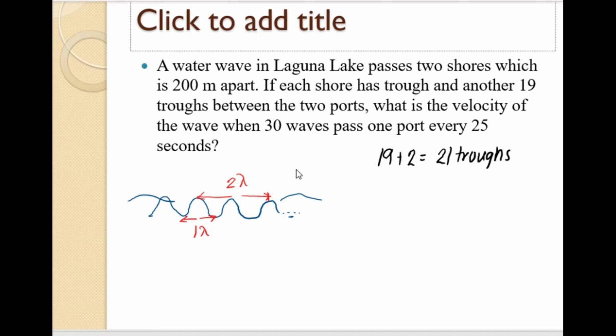So we have to subtract 1 so that we can actually get the wavelength. So 21 troughs minus 1, we only have 20 wavelengths. Just like in our example, we have 3 crests, pero dalawa lang yung wavelengths. So we have 20 cycles in this problem.